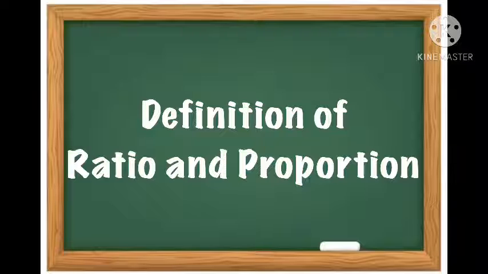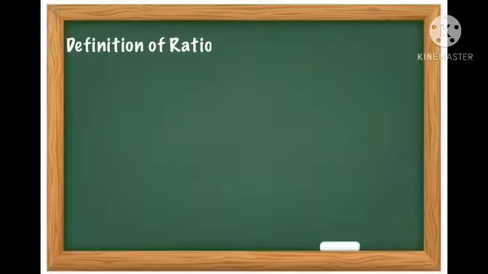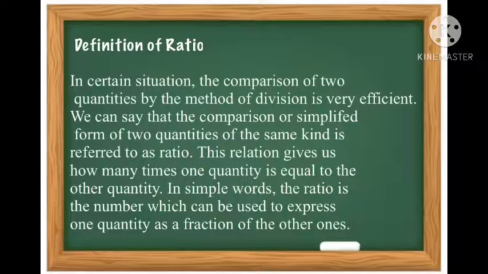Before going to the example question, we discuss the definition of ratio and proportion. Definition of ratio. In certain situations, the comparison of two quantities by the method of division is very efficient. We can say that the comparison of the simplified form of two quantities of the same kind is referred to as ratio.